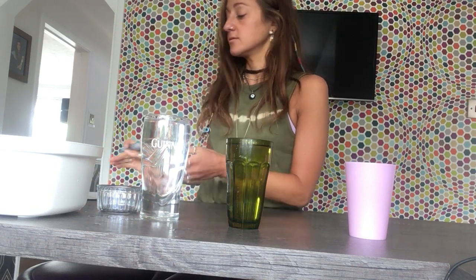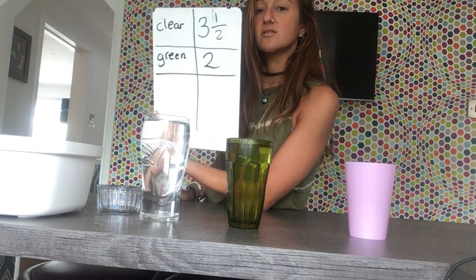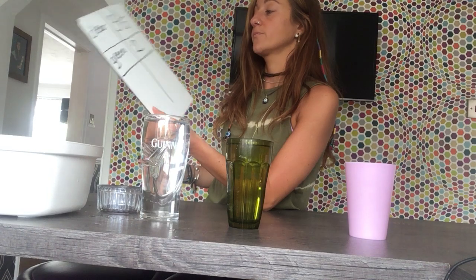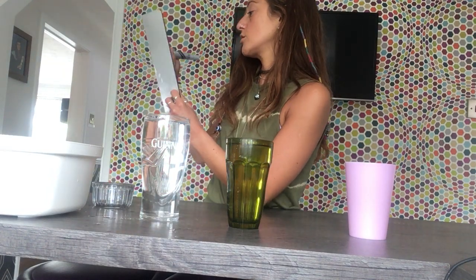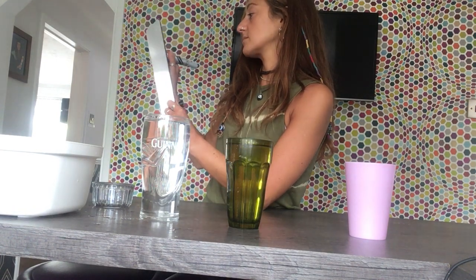So let's write that down. So that's green. G-R-E, 2. 2 what? 2 bananas? 2 donuts? Miss Rasho's the donut because she's just put numbers there. So it was 2 pouring cups. So 2 cups. And the first one was 3.5 cups.